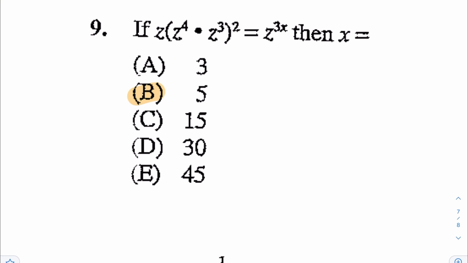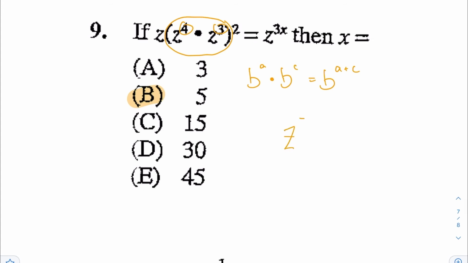All right, next for number 9, if z times z to the 4th times z cubed squared is equal to z to the 3x, then x is equal to. So here you have to use the laws of exponents. The first law is if you multiply 2 exponents with the same base, you can add the exponents. So here you're going to have to add 4 plus 3, which is 7.